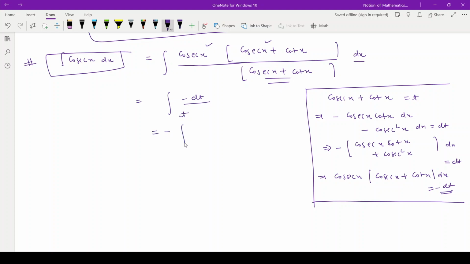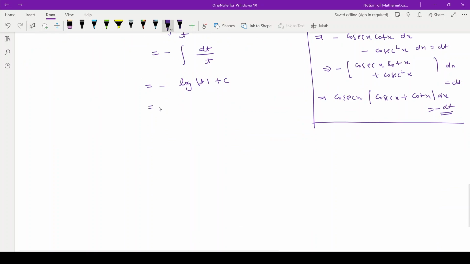Or we may write it as minus integration of dt upon t, or it is minus log of mod t plus c. So that is minus log of mod t, and t is actually our consideration, cosecant x plus cot x, plus c.